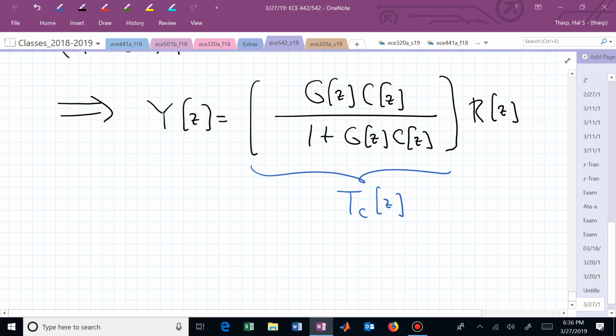Now we have an expression for T sub c of z in terms of C and G, and we want to basically reverse that process to see what C of z equals in terms of T sub c and G. Hopefully you believe that this is what we have from the block diagram. This is what T sub c of z is equal to.